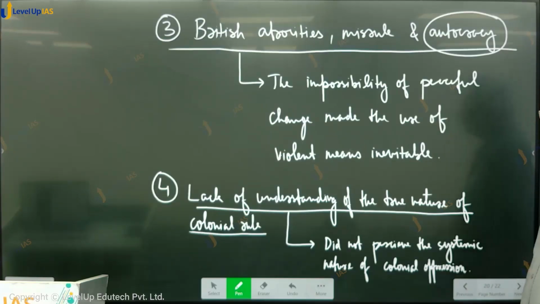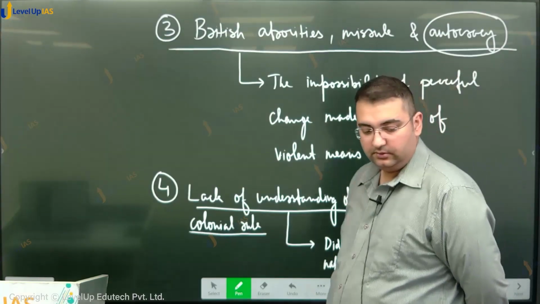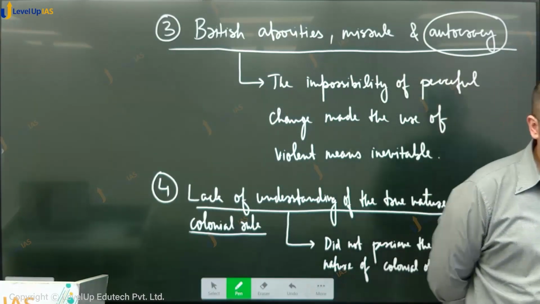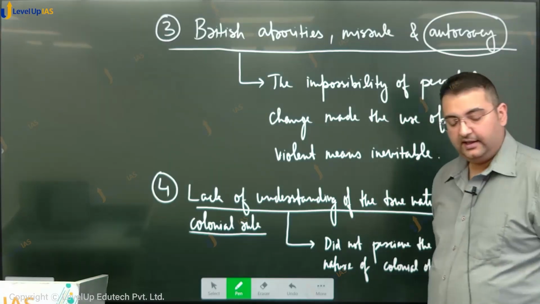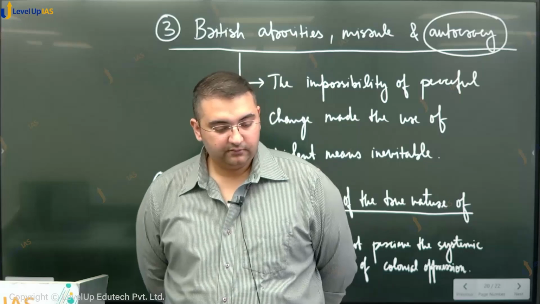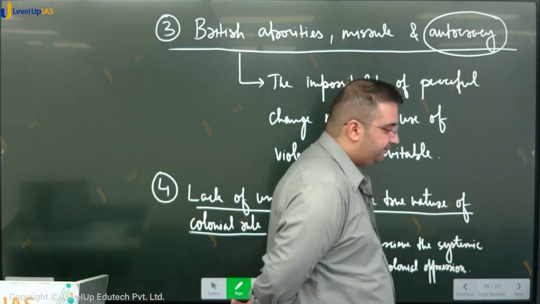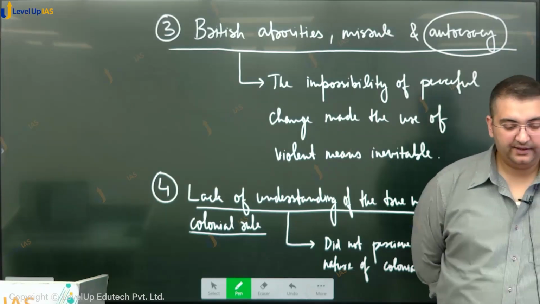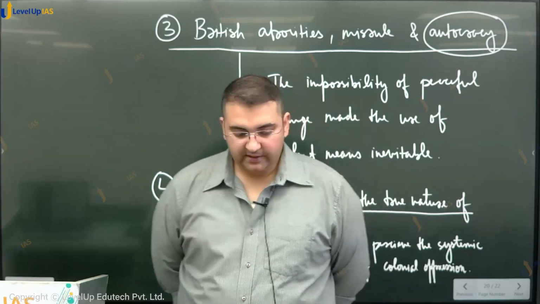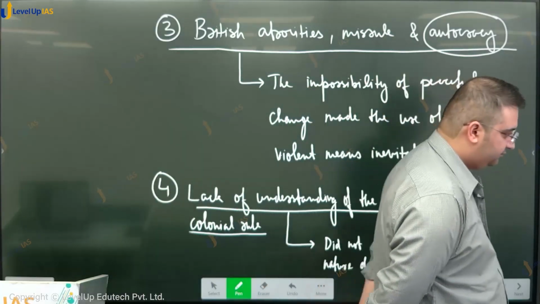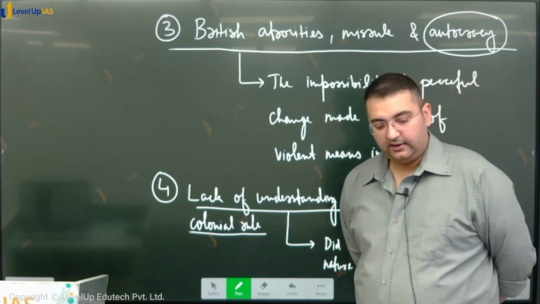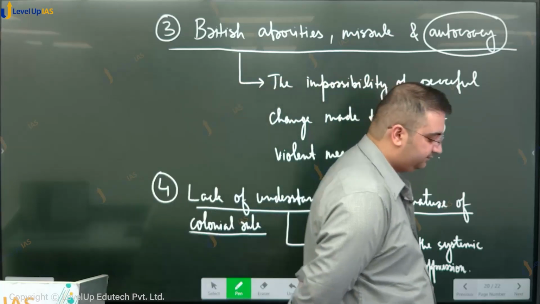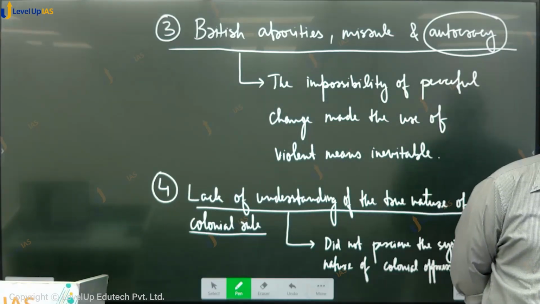Next, number 3. The biggest cause for the emergence of revolutionary extremism was definitely British misrule, their atrocities and their autocracy.